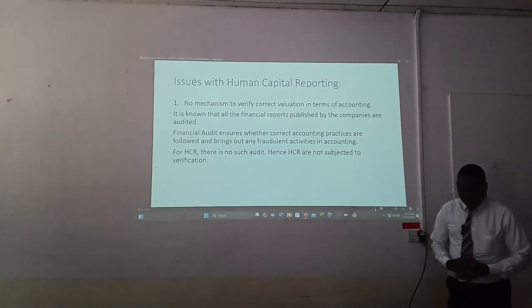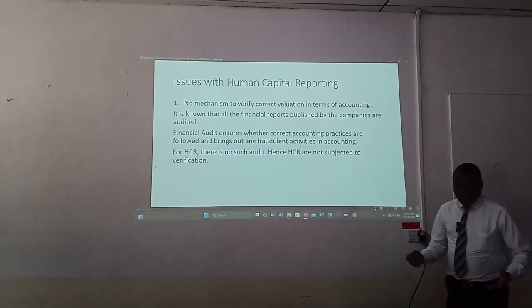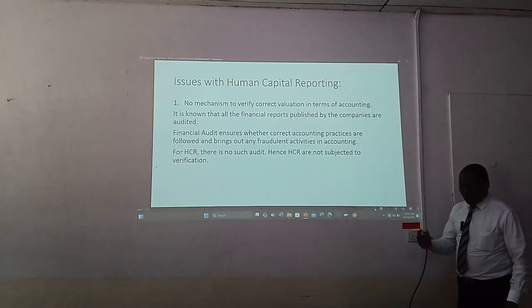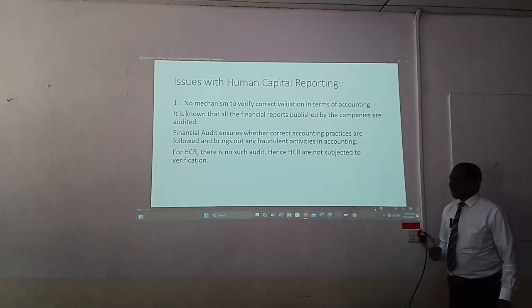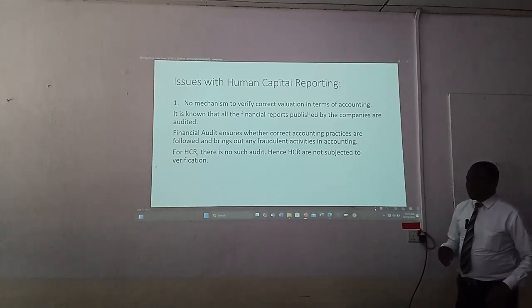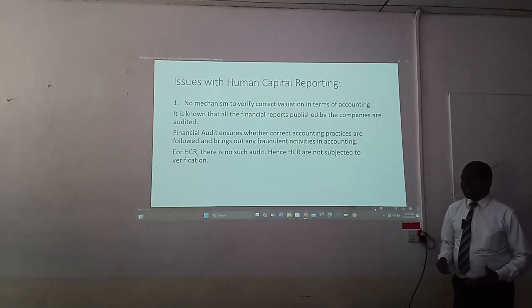There is no mechanism to verify correct valuation in terms of accounting. So in this case, there is no specific mechanism to verify correct valuation in terms of accounting. So you simply look at a person and say, this one has got good behaviors.